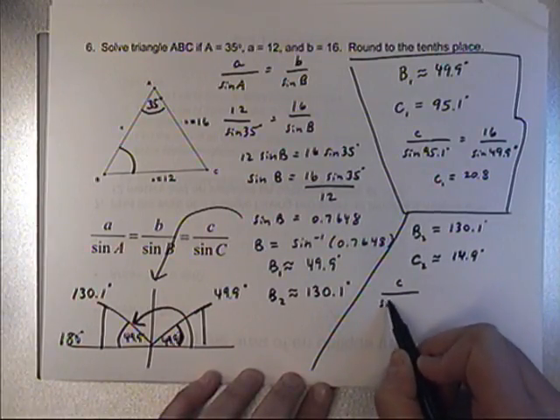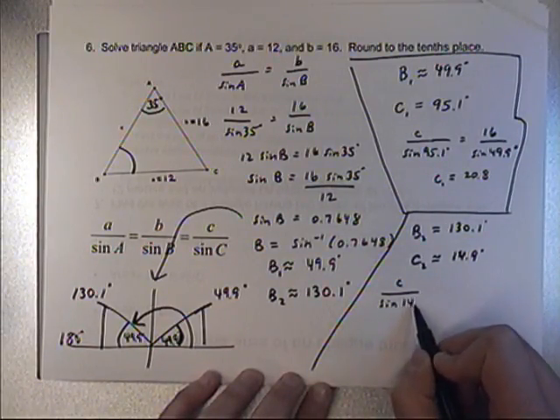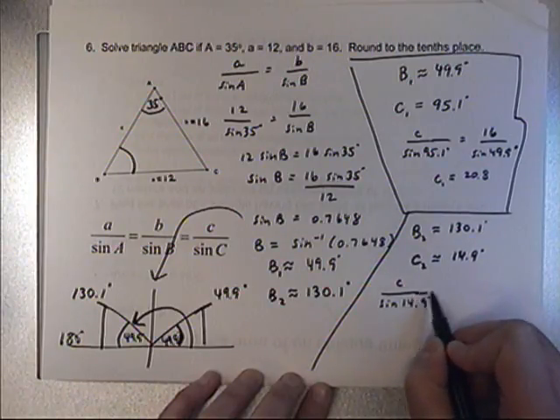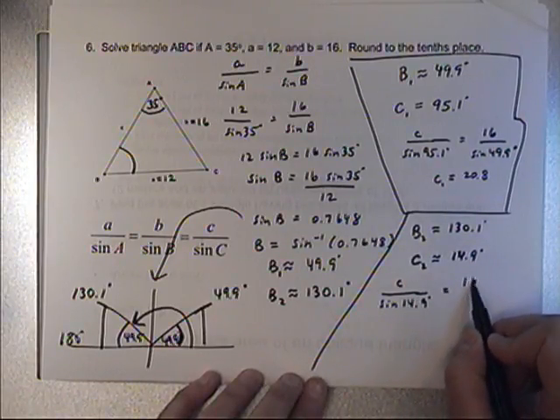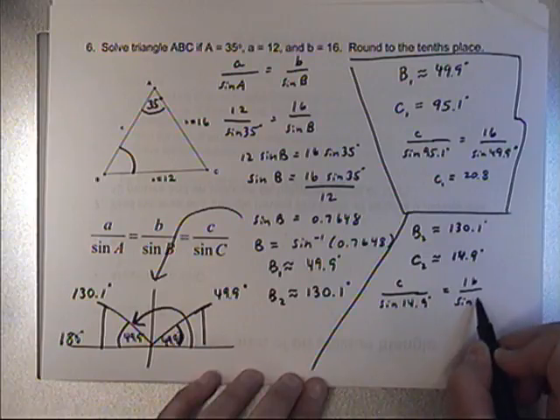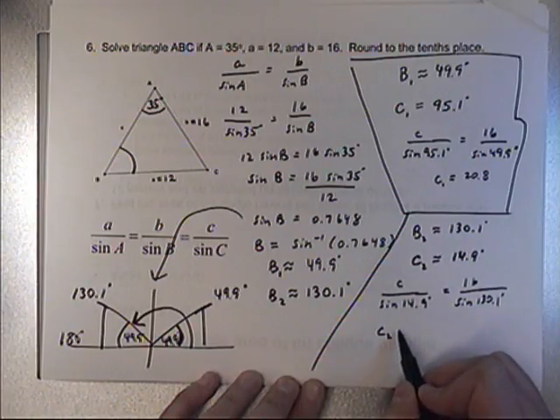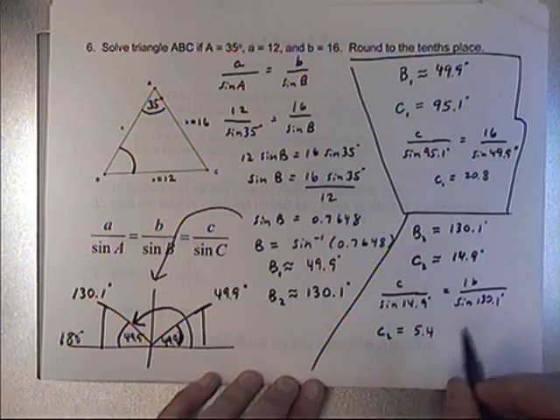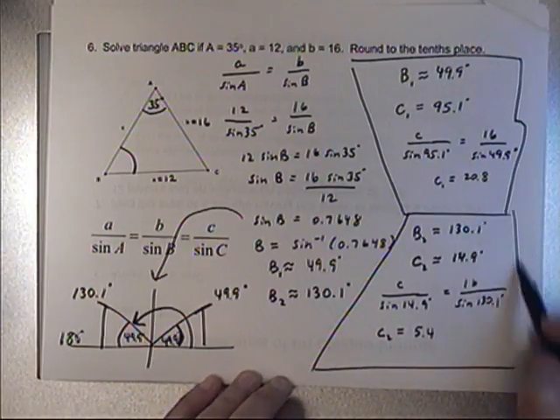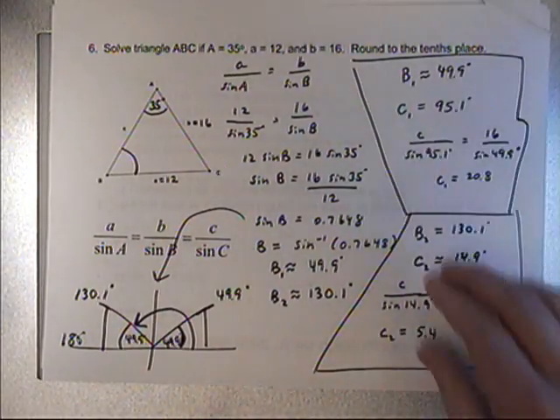Side C over the sine of angle C, which is 14.9 this time, equals 16 over the sine of 130.1 degrees. So this is C over C and B over B. I can find little side C, the second possibility, to be 5.4 units long. So two very different triangles and two sets of answers.